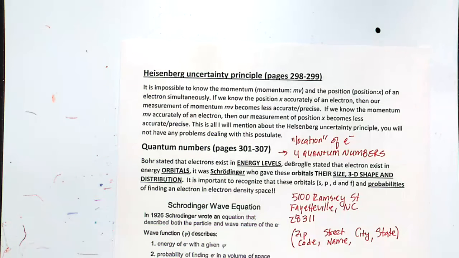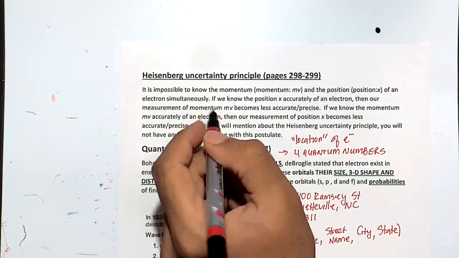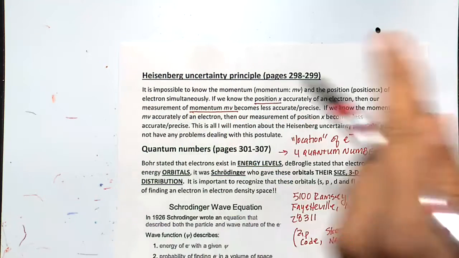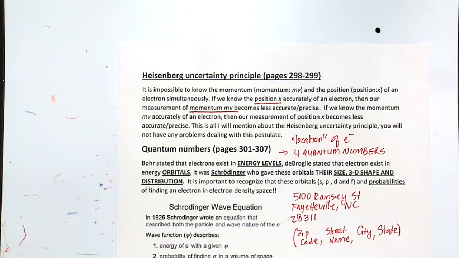Number one, because it's a wave and a particle. Number two, it's buzzing around the nucleus. So you'll never know the momentum and the position of an electron. There's always some uncertainty in determining the location of an electron.